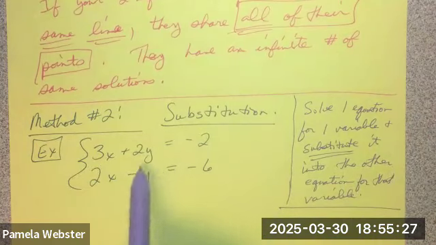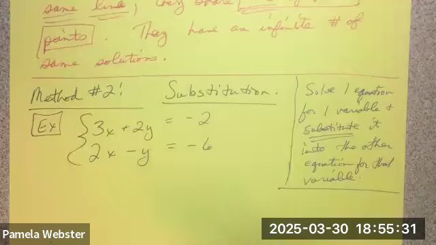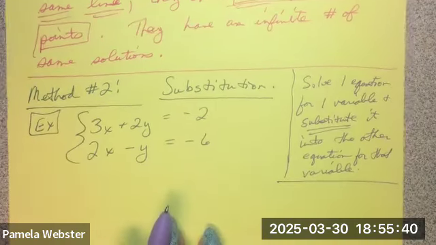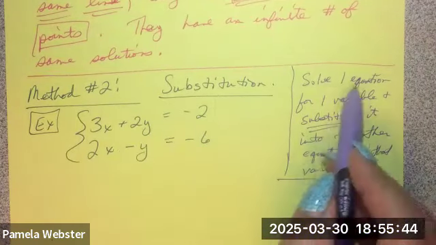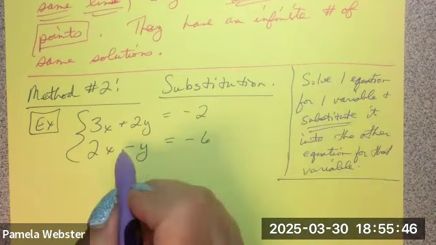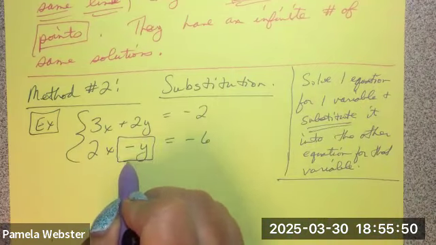Okay, so here I am. I'm looking at this and I see I've got an x and a y. They're the same variables. That's good. They're always going to be the same variables when I've got a system like this. Okay, well, not always, but for us, they're normally going to be. And I want to solve one equation for one variable. When I look right here at this second equation, I see that -y is by itself.